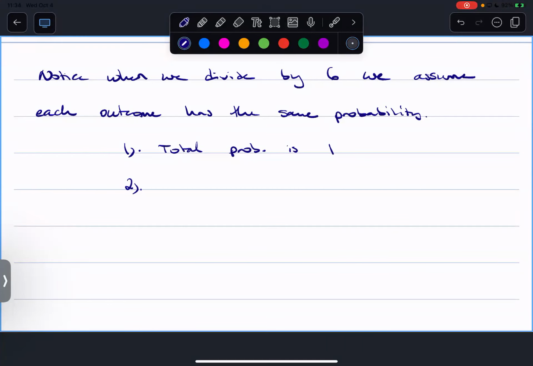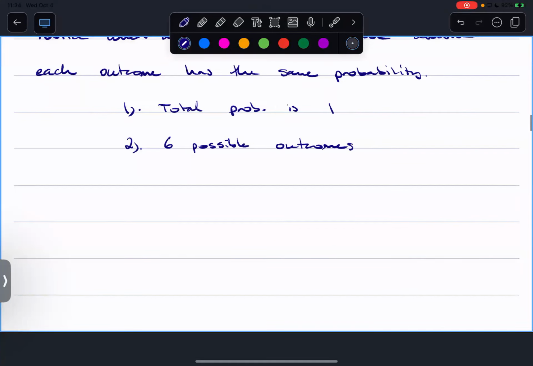And in this case, we have 6 possible outcomes, which tells me that the probability of x must be 1 in 6. Doesn't matter what x is, if it's 1, 2, 3, 4, 5, 6. Notice that that's a lowercase x. So the probability of each x is just 1 over 6. I've spread it out evenly.